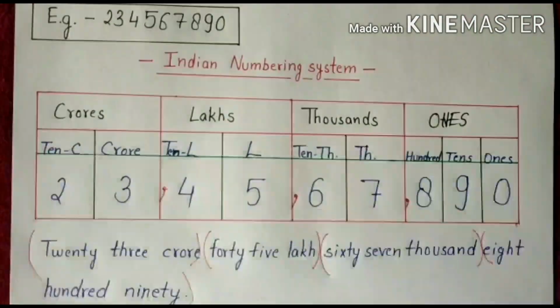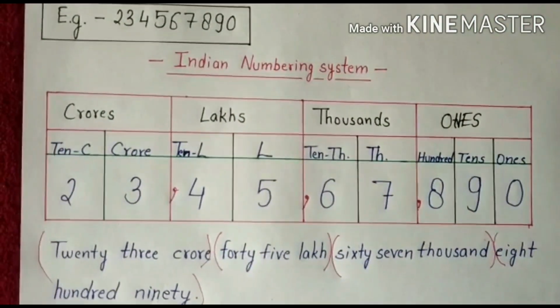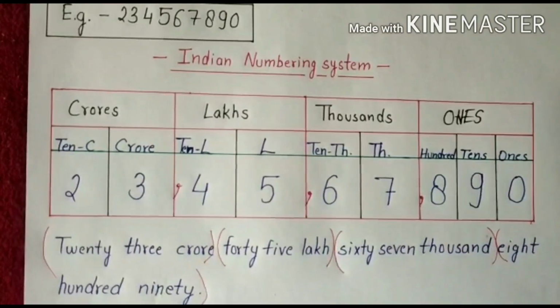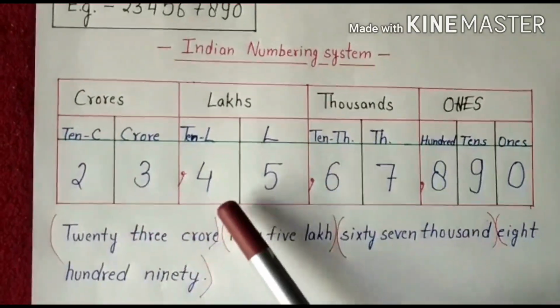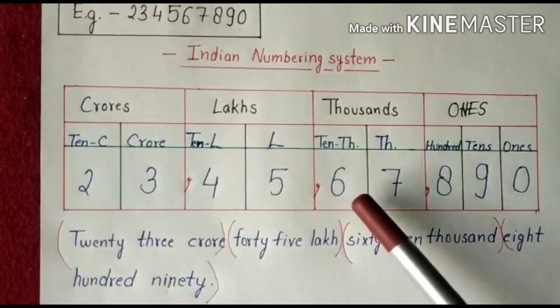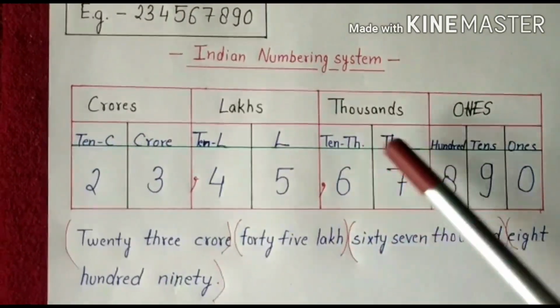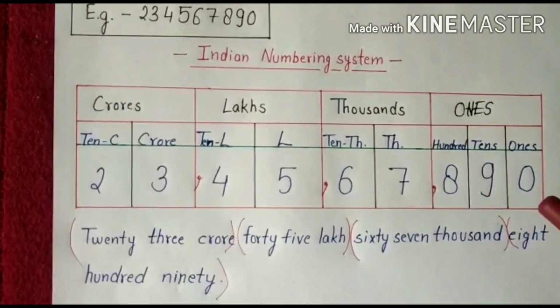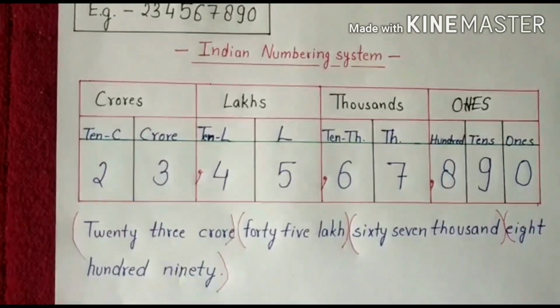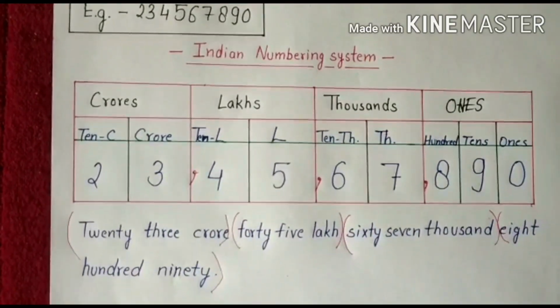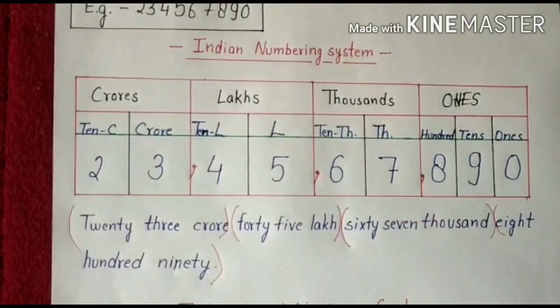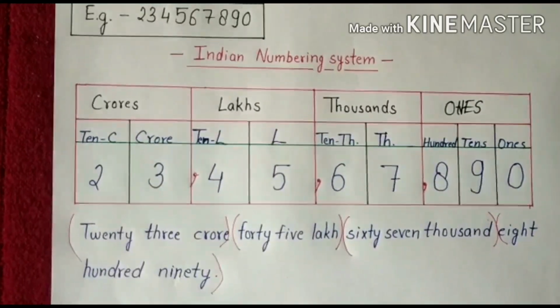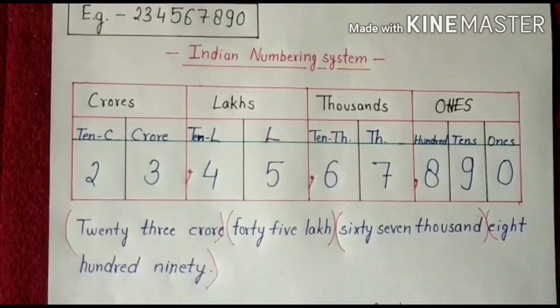The name of the number is 23 crore 45 lakh 67,890. Have you seen, students? Using these commas, we can write any large number name very easily.